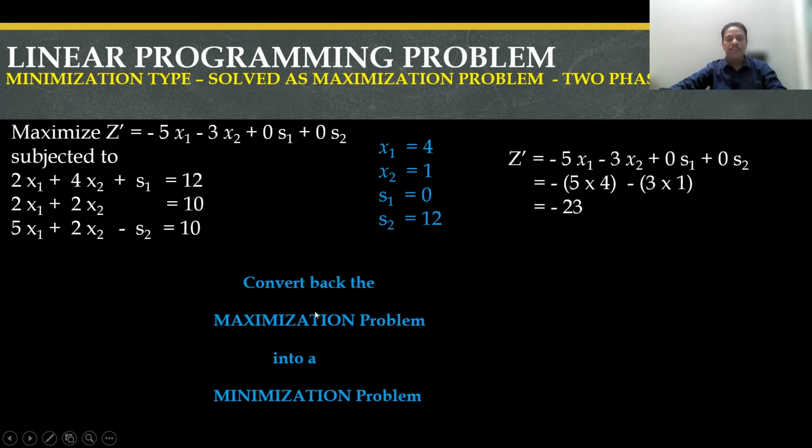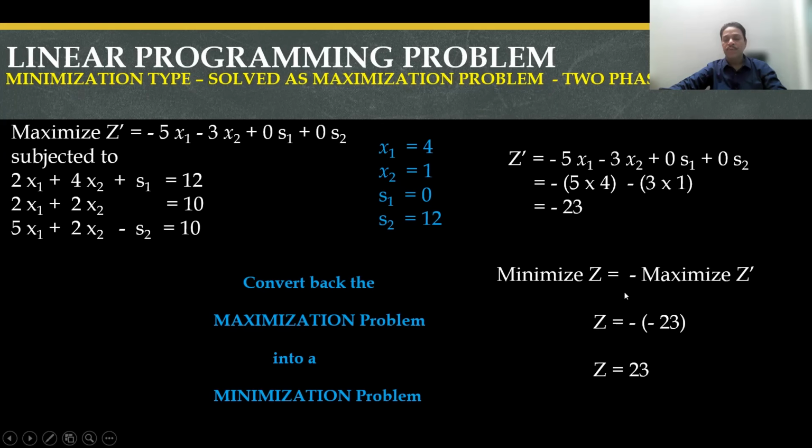Now we have to convert back the maximization problem into a minimization problem. How do we do that? Z is equal to negative of Z dash. So minimize Z is equal to negative of maximize Z dash. What is the value? Minus 23. Thus, the value of Z is 23.